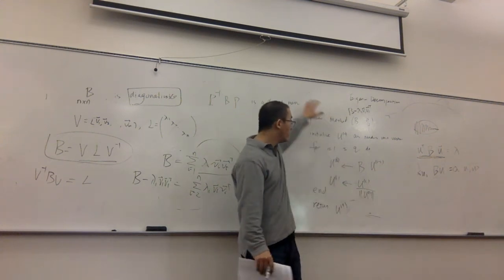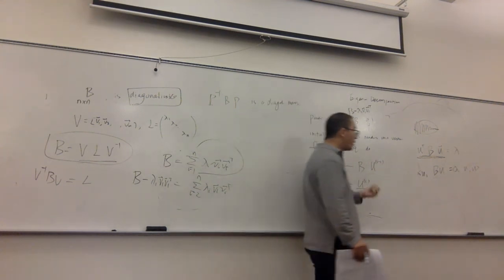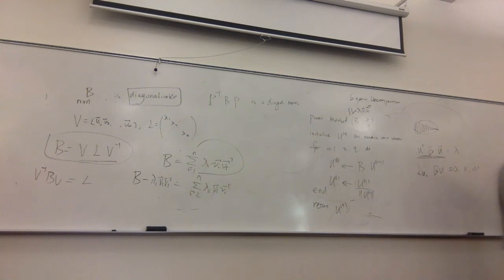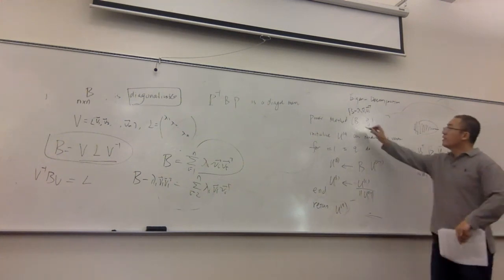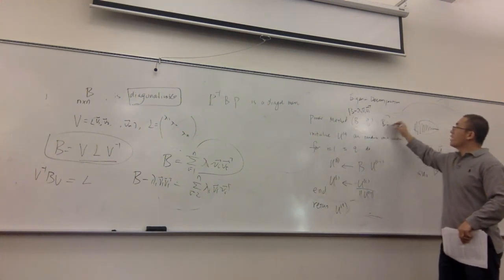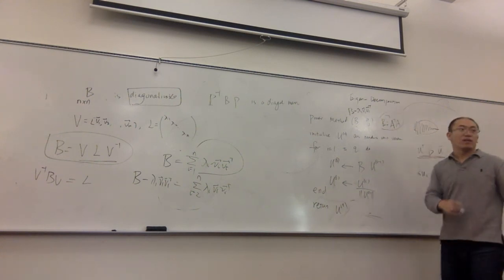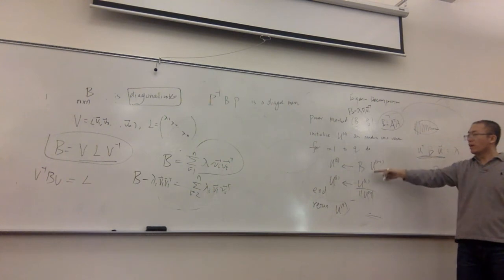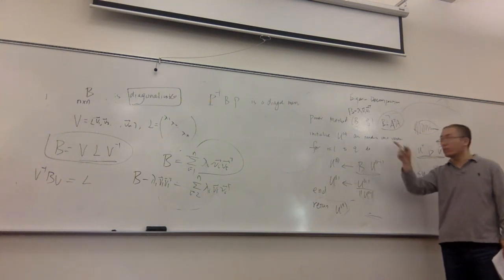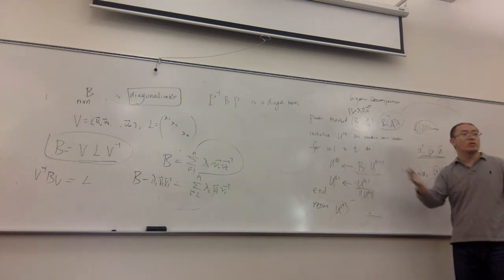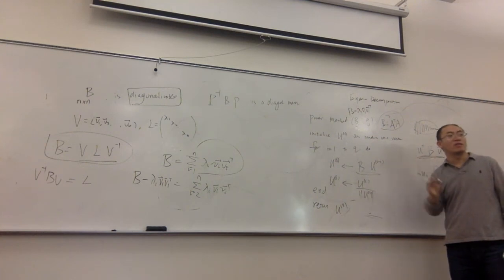So this is the basic idea. In the course material, it assumes that B has a structure that equals A transpose A. If it looks like this, when we compute the power iteration, we can replace B with A transpose A, which saves further computation.